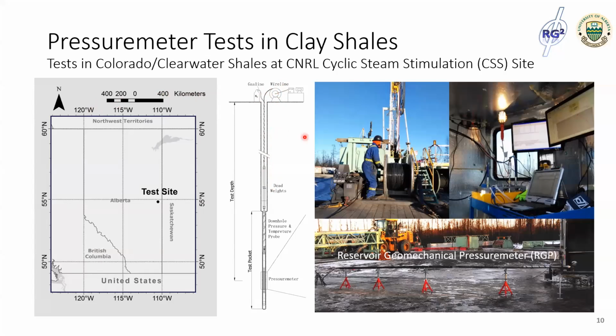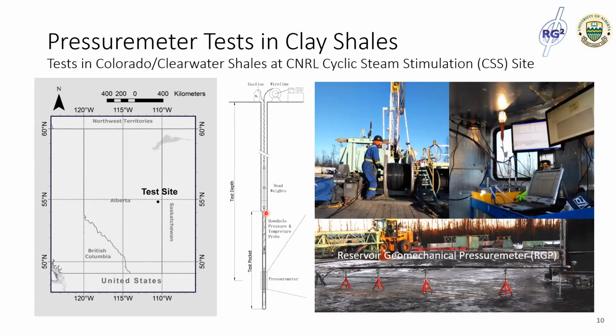The picture here shows the wellhead with this 600 meter pressure hose, and the workstation including all the data acquisition and control systems. The pressuremeter assembly includes the expansion probe in the downhole, as well as downhole sensors, such as temperature and pore pressure sensors on the top of the pressuremeter.